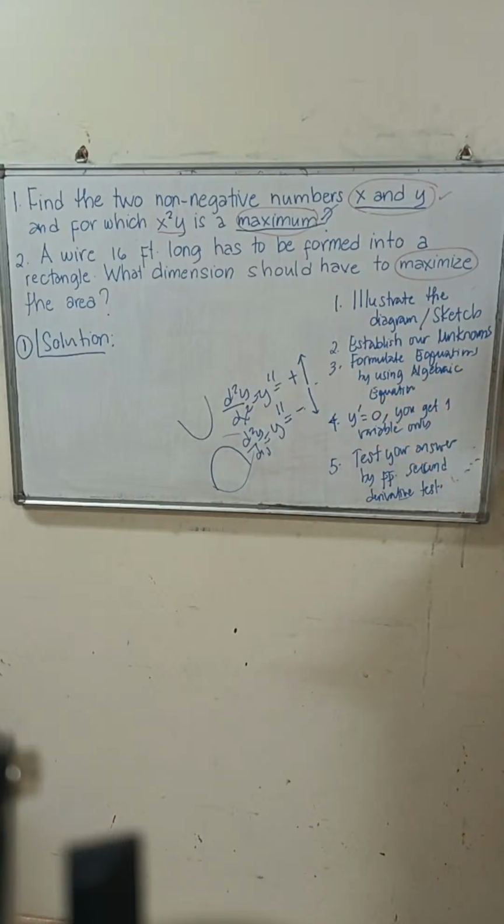For example, if the length is very small, it's not impossible to happen. So that's also an identification that you don't need to test the second derivative. Okay, but to make sure, test the second derivative. That is 100% sure, in order to prove our answers are correct.